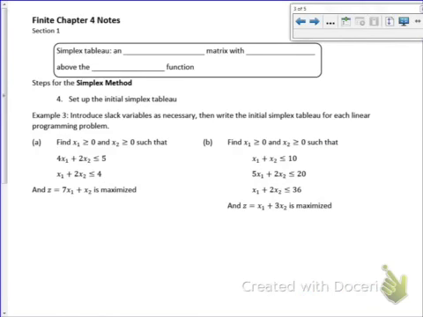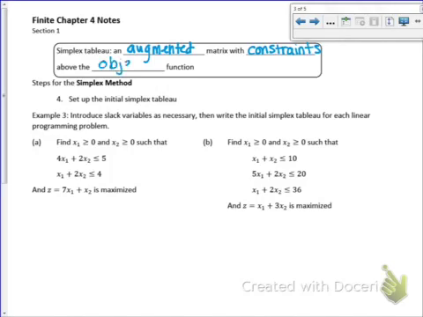Okay, so now that these are equations instead of inequalities, we can actually use matrices to do the rest for us. Now, what's going to be created here is called a simplex tableau. All it is is an augmented matrix with our constraints above the objective function.